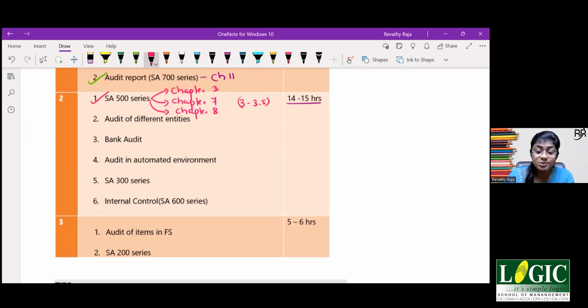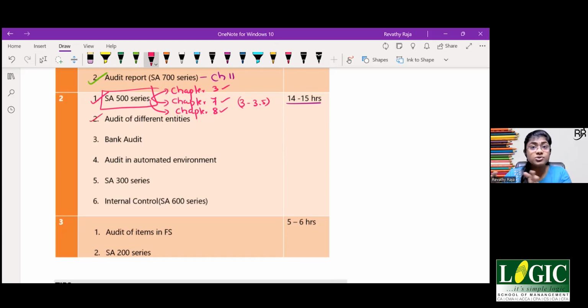When doing this topic, you can take breaks in between. Say after this, you can take a break of 15 minutes. Then again come to 7. Again a break, then chapter 8. So morning time, try to finish off the 500 series, which is more important.